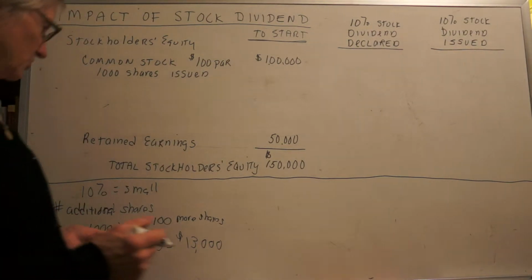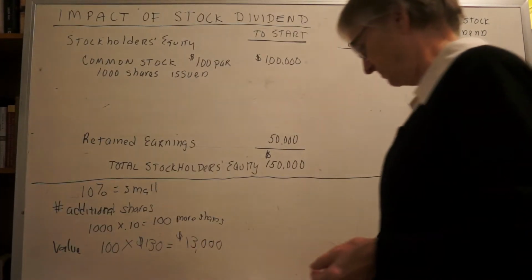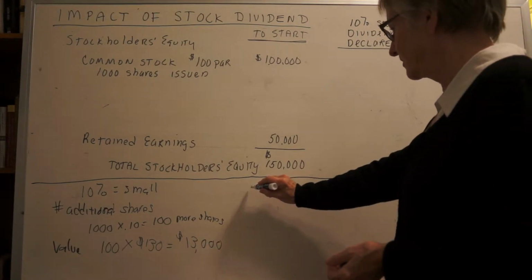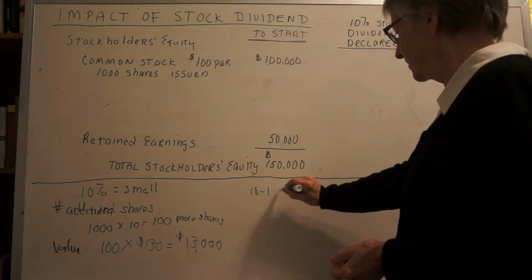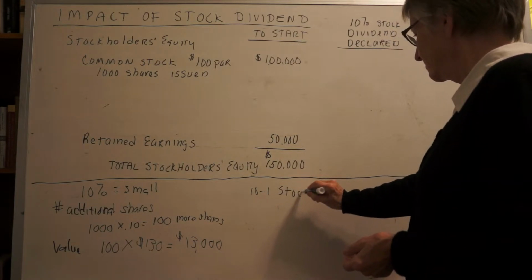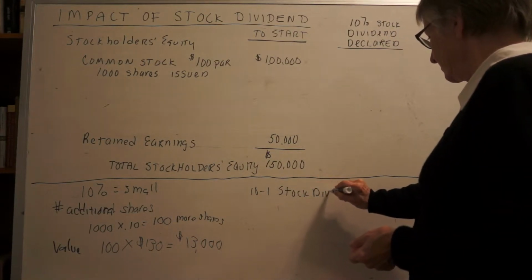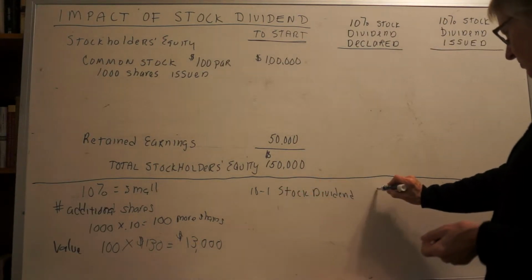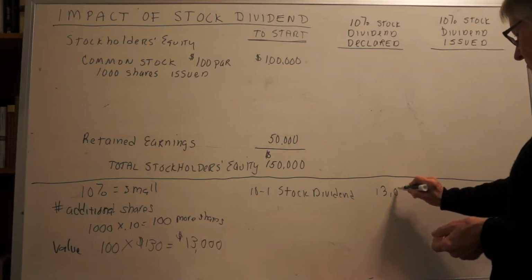So we would do the journal entry. On 10/1 we have a stock dividend, and the amount of it we've just calculated to be $13,000.